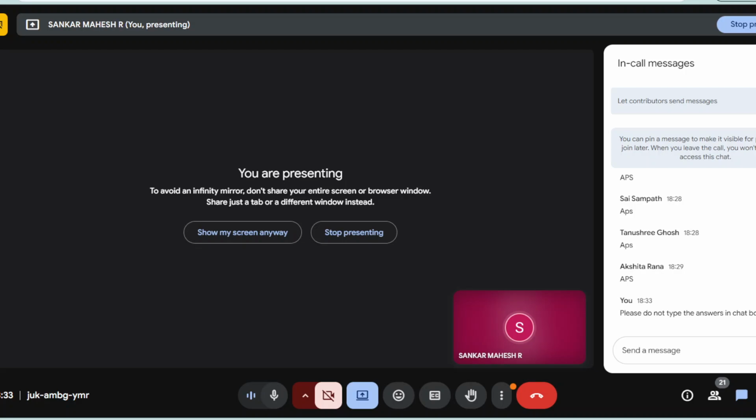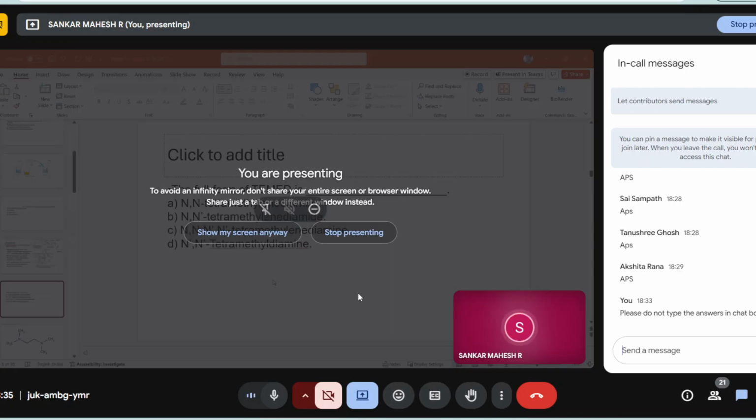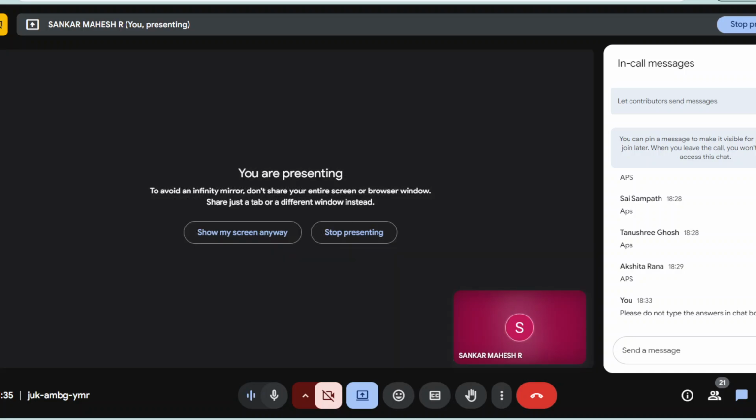The next question is: the full form of TEMED is dash. You have four options. Option A, N tetramethylene diamine. Option B, N prime tetramethylene diamine. Option C, N prime N prime tetramethylene diamine. Option D, N prime tetramethylene diamine.